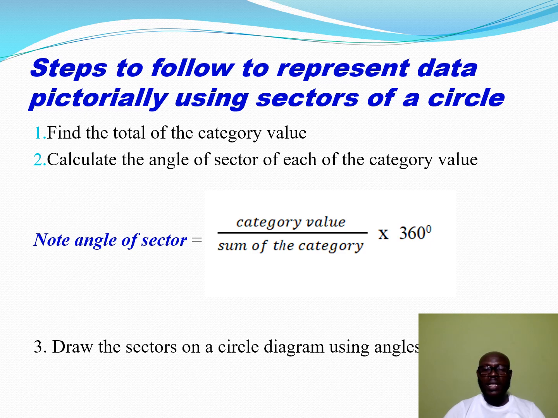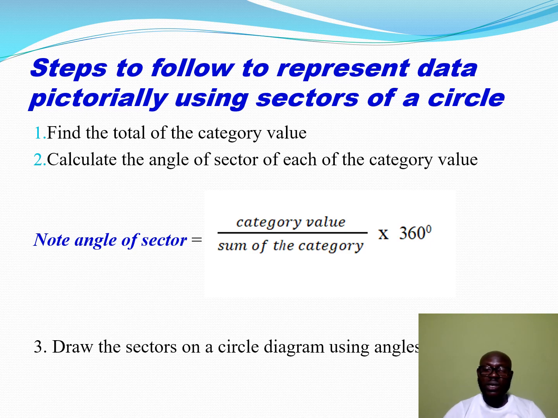The formula you see on the screen is the category value, the value that will be given, over the sum of the category, times 360.